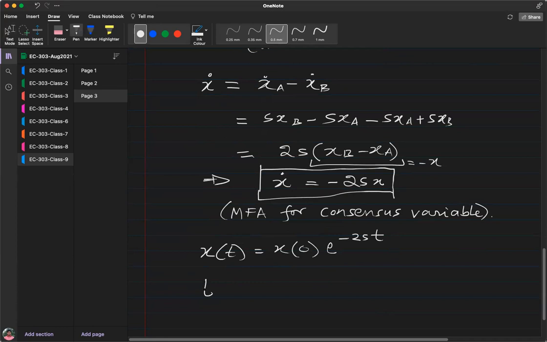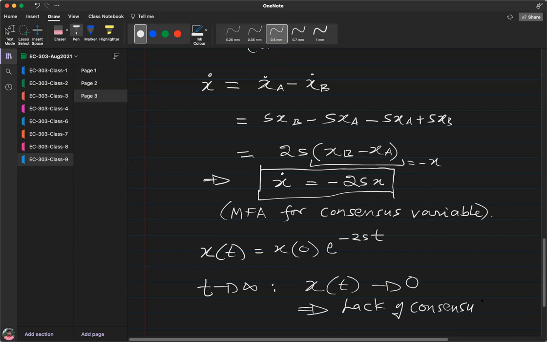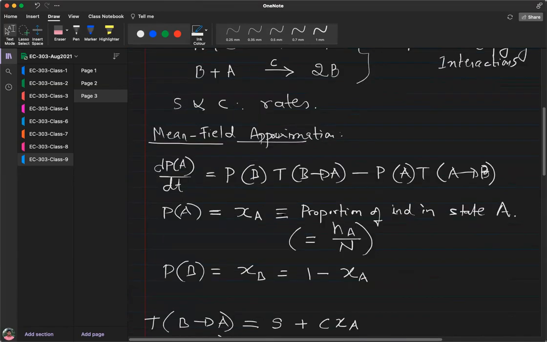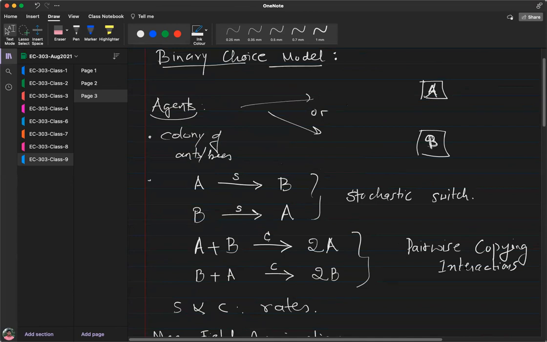So for large times, no matter what the initial distribution was, x(t) goes to 0, meaning lack of consensus. So what this means is the mean field model predicts that these simple rules of stochastic switch and pairwise copying do not lead to consensus. Okay. So I will stop here. Let me know if you have any questions.